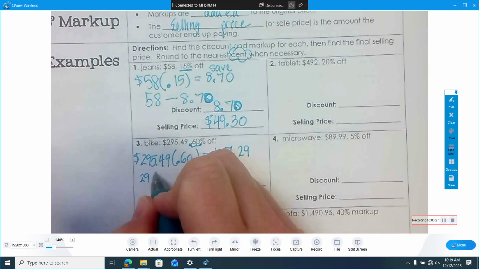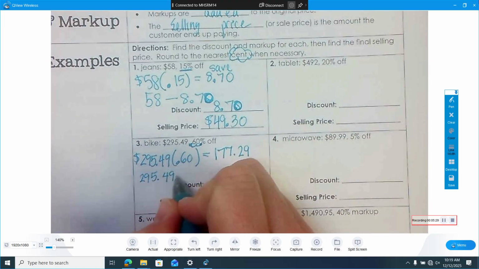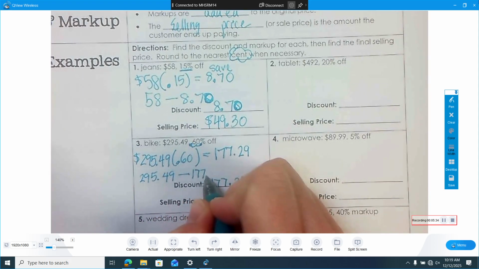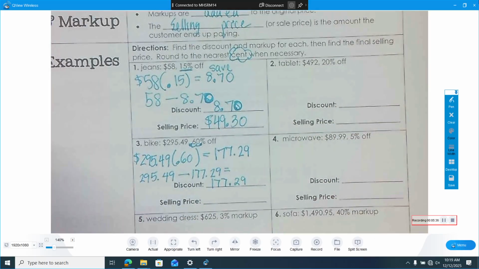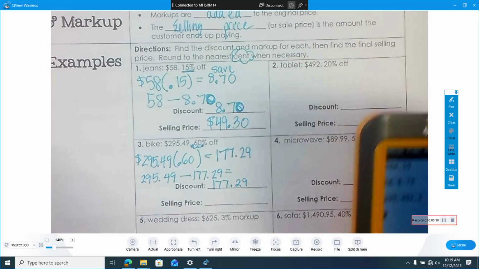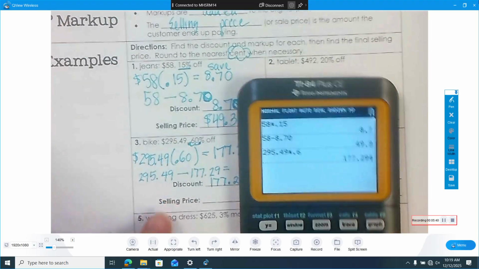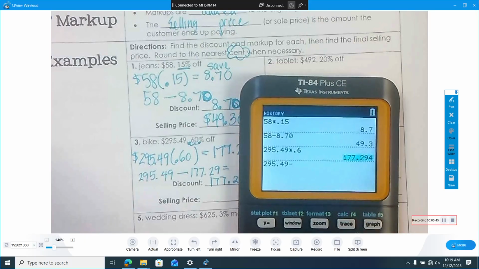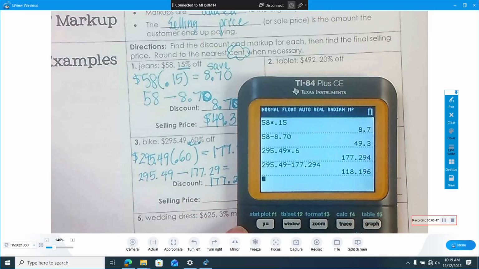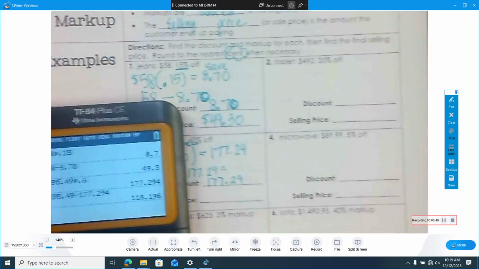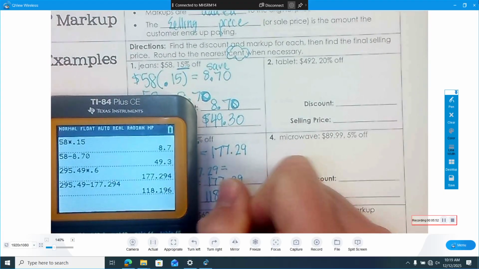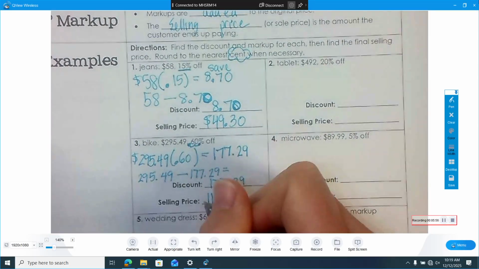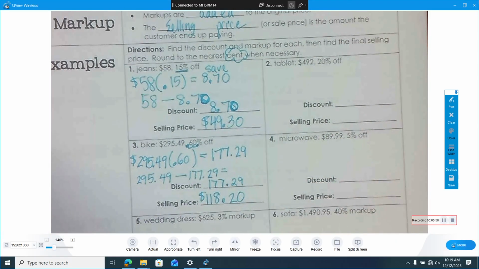The original price, $295.49, minus that discount, the 177.29, and we get 118.20. So the selling price is $118.20.